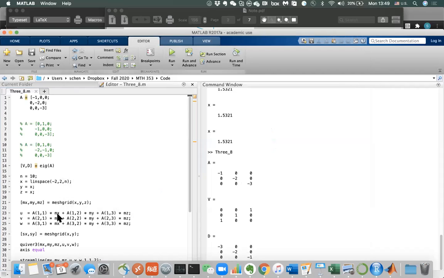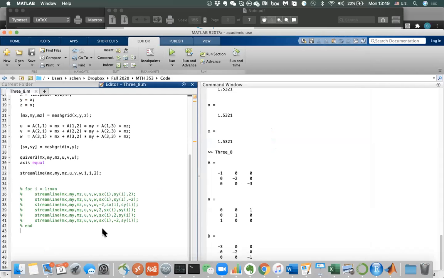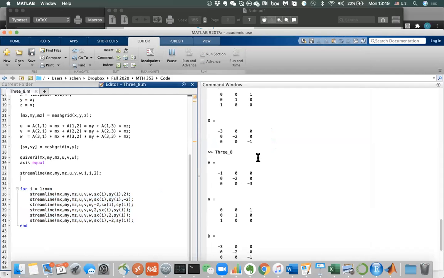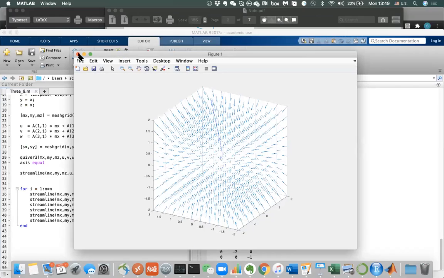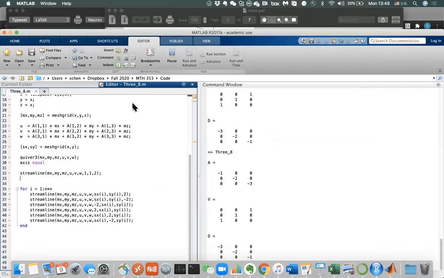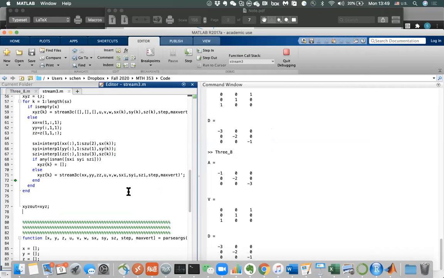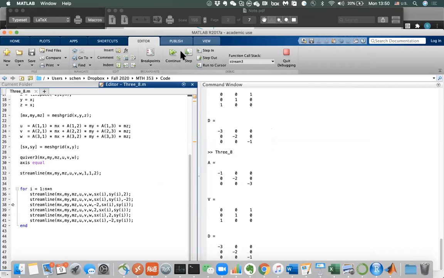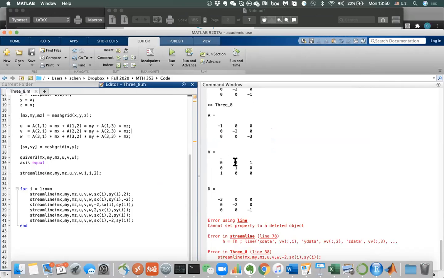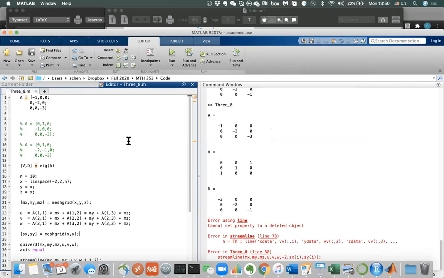If you really draw out all the possible streamlines, which is extremely hard to see, I will give it a try. What's going on?